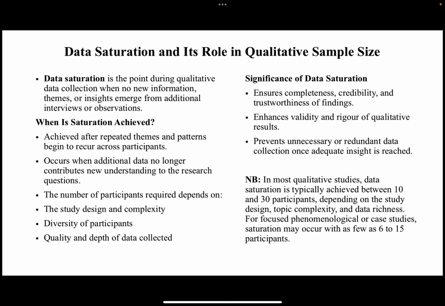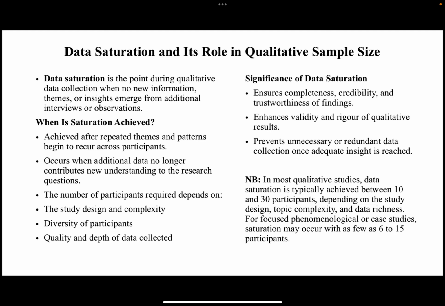Now, when is data saturation achieved? Data saturation is achieved when repeated themes and patterns begin to recur across participants. It occurs when additional data no longer contributes new understanding to the research questions. The number of participants required depends on the study design and complexity, diversity of the participants, and quality and depth of data collected.